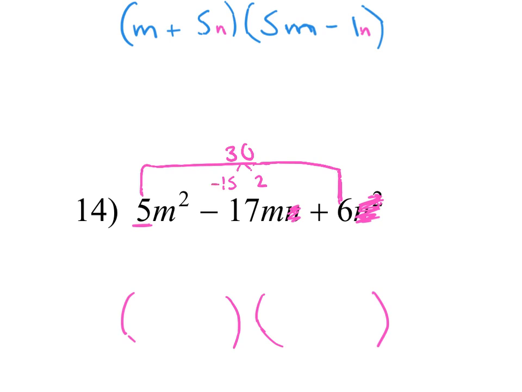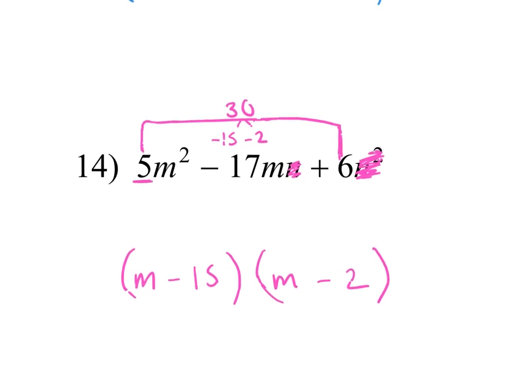So in our parentheses, what do we put? M minus 15 and M minus 2. But we started with a number that was not 1, so what do we have to do with that 5? Divide both of our numbers by 5.